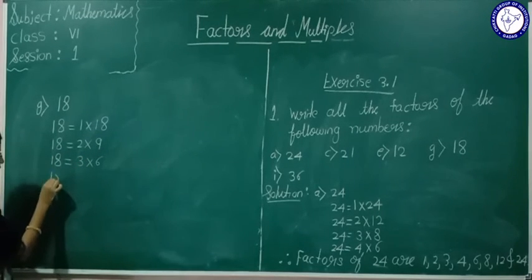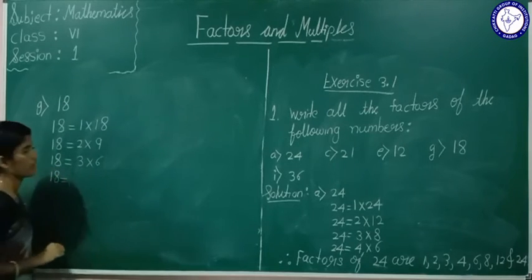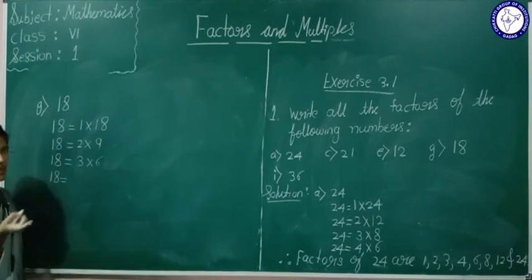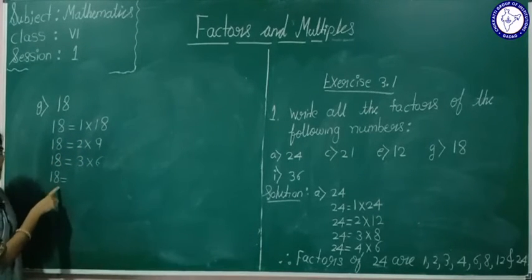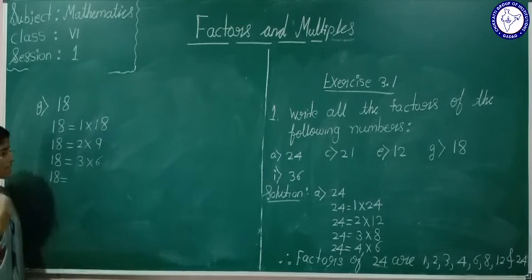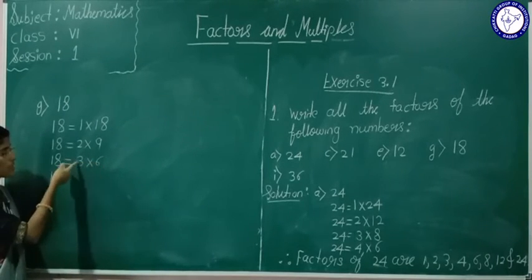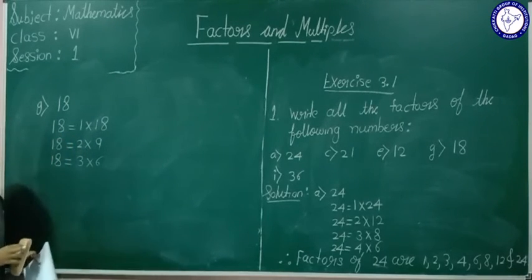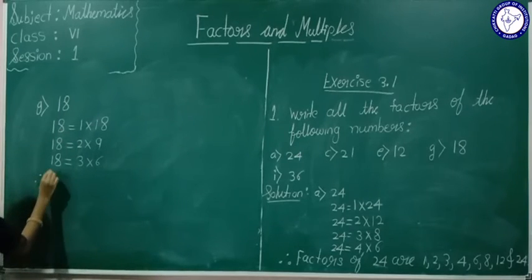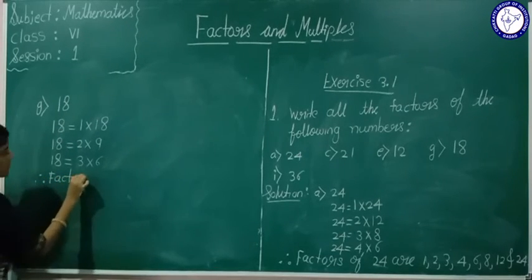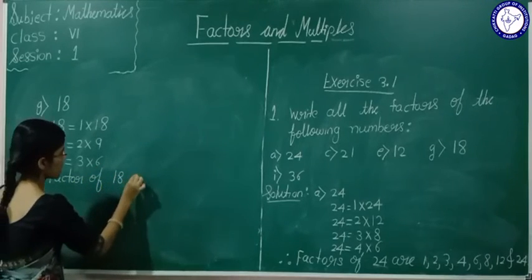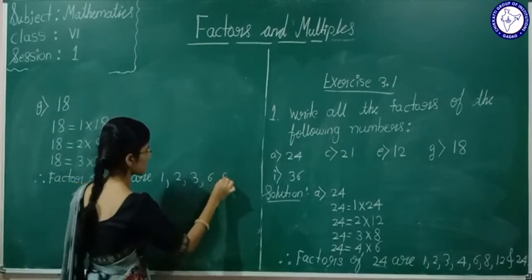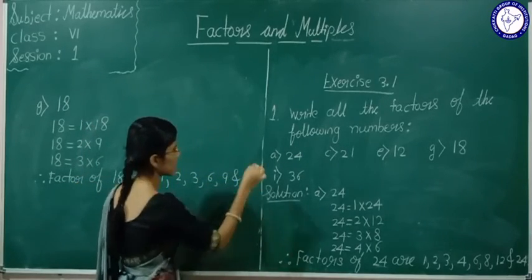In the 4 table, 18 will not come. In the 5 table, 18 will not come. In 6, we have already written 6 3s are 18. Only these are the 3 ways we can express it. Therefore factors of 18 are 1, 2, 3, 6, 9 and 18.